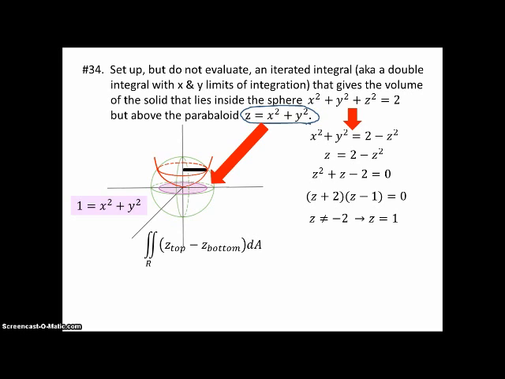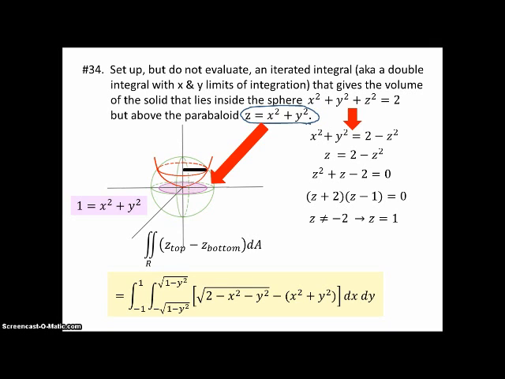So I just arbitrarily chose to integrate with respect to x first, which means that y is going to go from -1 to 1, and x is going to go from the left half of the circle to the right half of the circle, which if we solve, we get the positive and negative square roots of 1 minus y squared. So our integral is going to be -1 to 1, and then negative square root of 1 minus y squared to positive square root of 1 minus y squared.